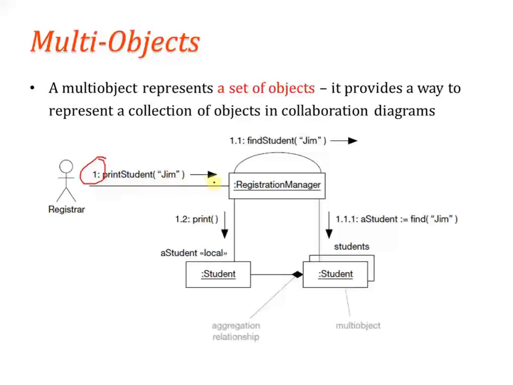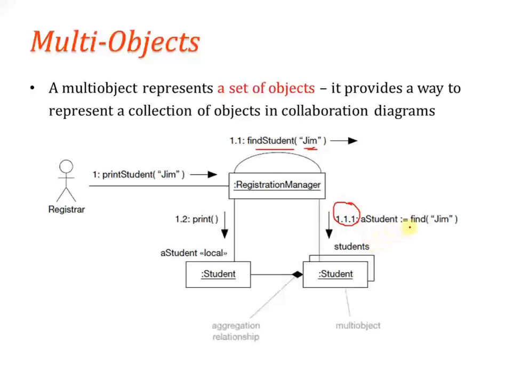As soon as this is triggered, the focus goes to the next object, which is called registration manager. Once this is done, the next message 1.1 is triggered, where we'll be concentrating on find student, which is called Jim. After 1.1 is triggered, the next message triggered is 1.1.1.